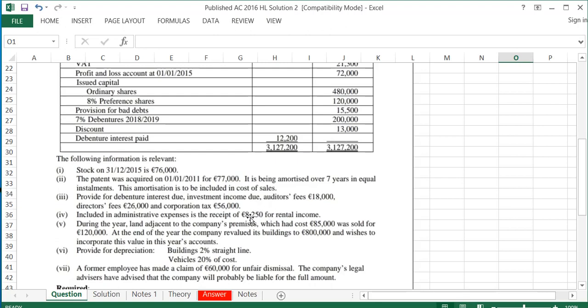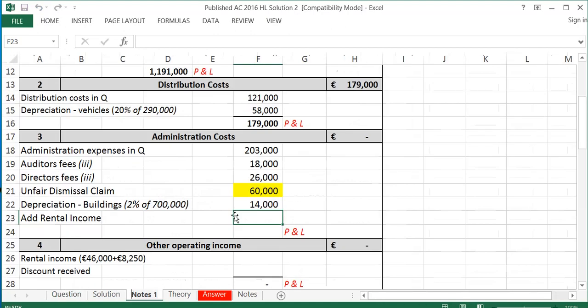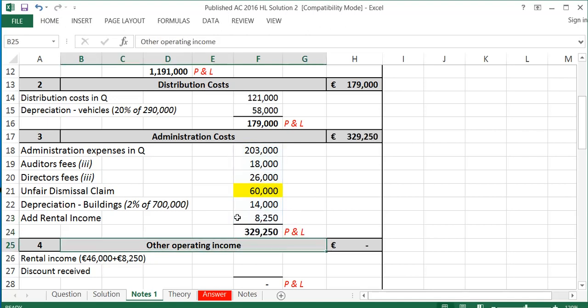So if I take out the 8250, my debit balance or my admin expenses are going to go up by 8250. So in total, my admin expenses come to 329,250.